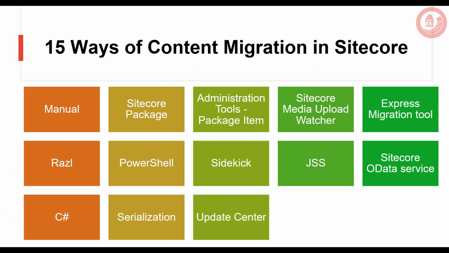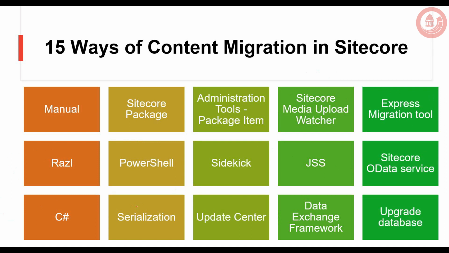You can also keep it in your code repositories as well. Update center is like upgrading your Windows machine, so you can upgrade your current Sitecore instance, plus it will also upgrade the installed modules as part of this update. You can use the data exchange framework where you have some external application and you want to export or import data, so you can use this data exchange framework.